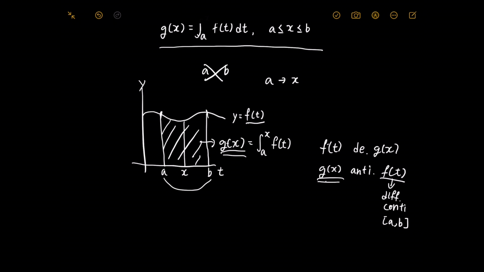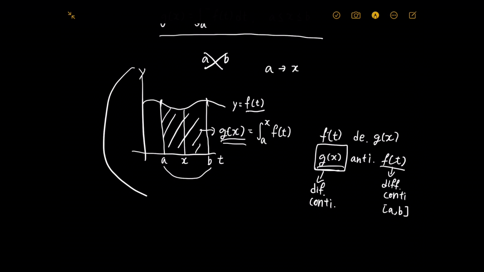In order for this to happen, g of x also must be differentiable and continuous on this interval. Therefore, g of x also must be continuous and differentiable on the interval from a to b.